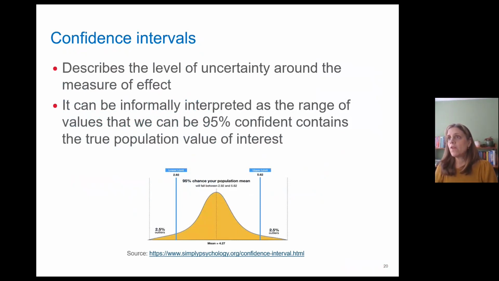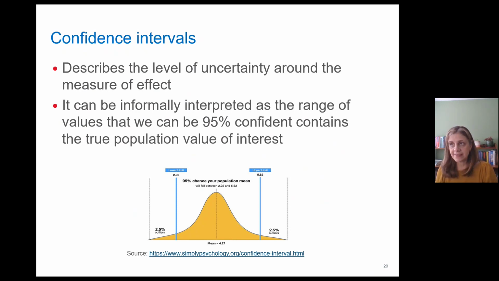When it comes to confidence intervals, this is really telling you about the level of uncertainty around the measure of your effect. So if you get a really tight confidence interval around your sample estimate, that's telling you don't have very much uncertainty around your results. But if you have a wide confidence interval, that's indicative of a lot of uncertainty around your sampling result.